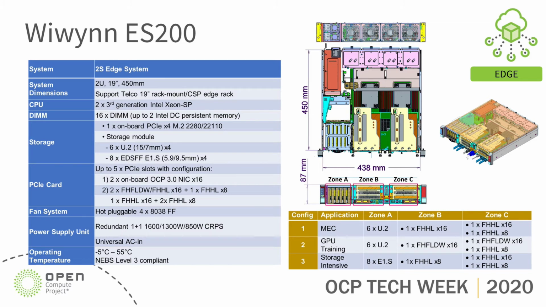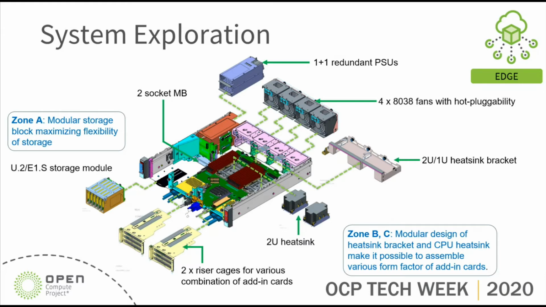This page just talks about the system exploded view. So on the left-hand side, in zone A, it is a modular storage block. This storage block design will maximize the flexibility of the storage, including U.2 or E1.S storage modules.